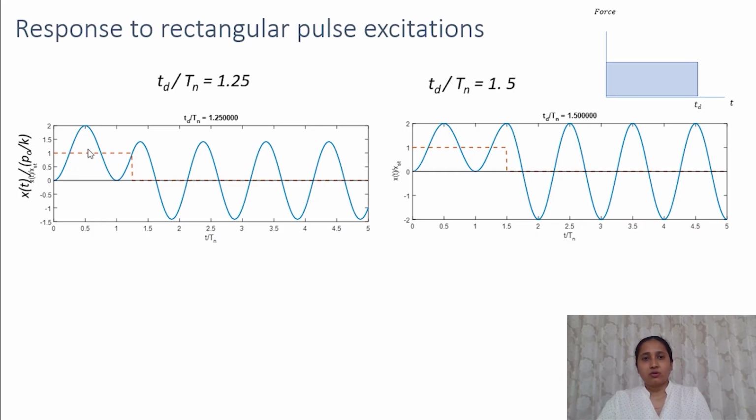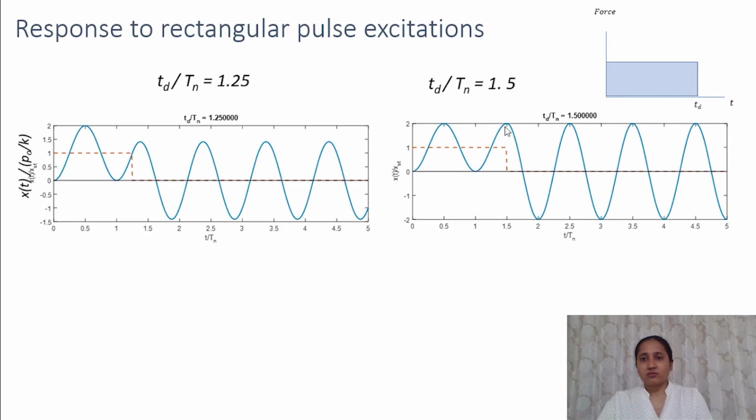So the pattern is same as the previous. So here also, during the forced vibration phase, the system oscillates about the static deformation, and then it starts oscillating about the original equilibrium position. But here the amplitude is the same during the free vibration and the forced vibration phase.